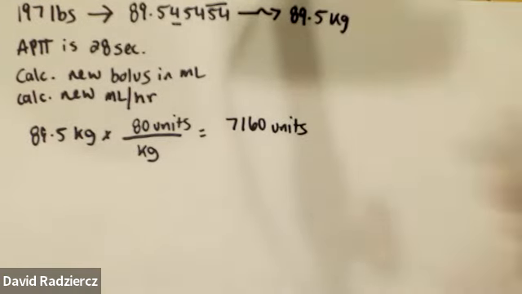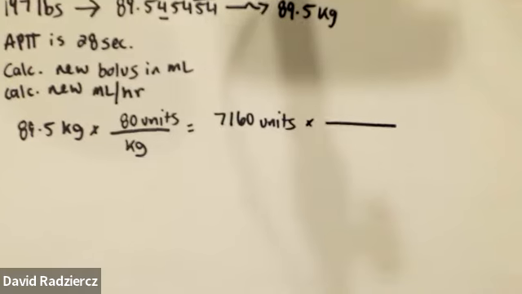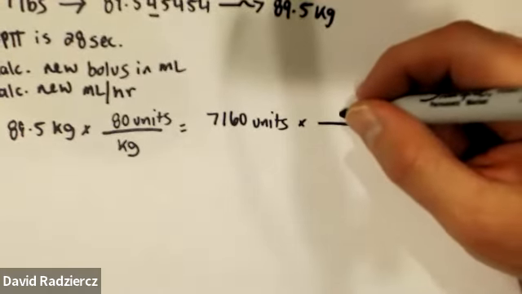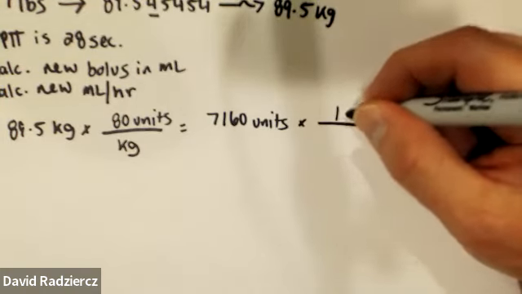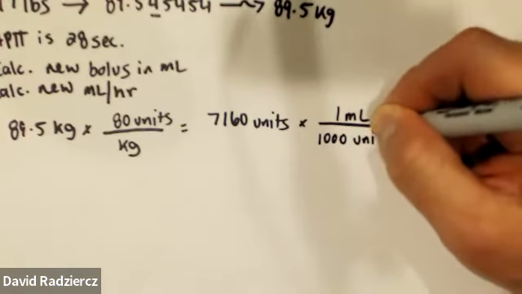I don't want units. I want milliliters because that's what I asked you for. I'm going to use the same thing that I used for calculating the other bolus dosage strengths, the bolus dosage strength as indicated in step 2 of the protocol, which told me it was 1 milliliter, 1,000 units.